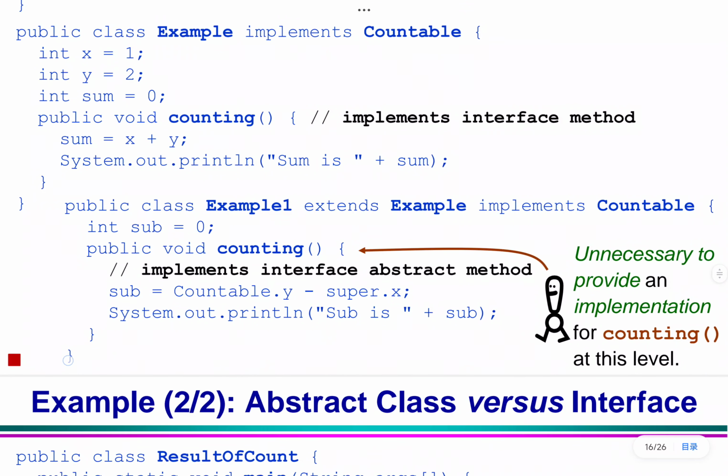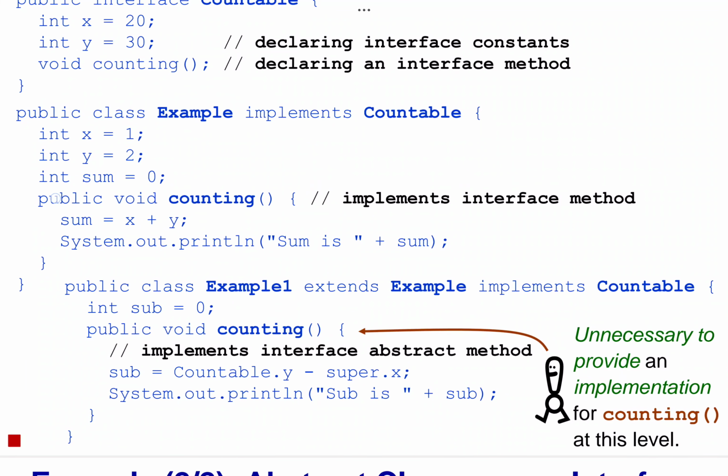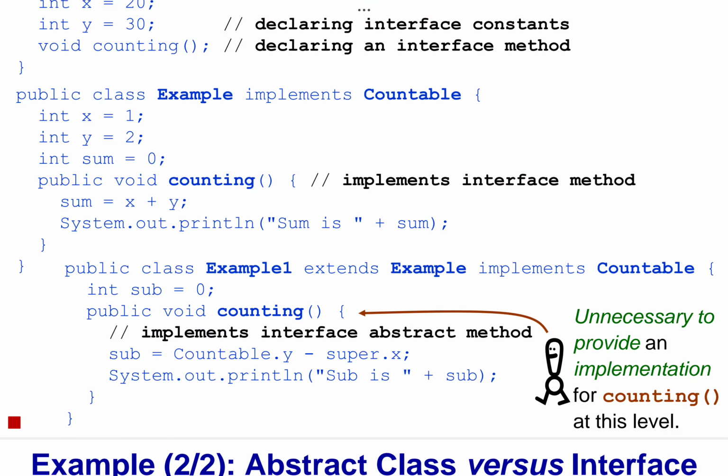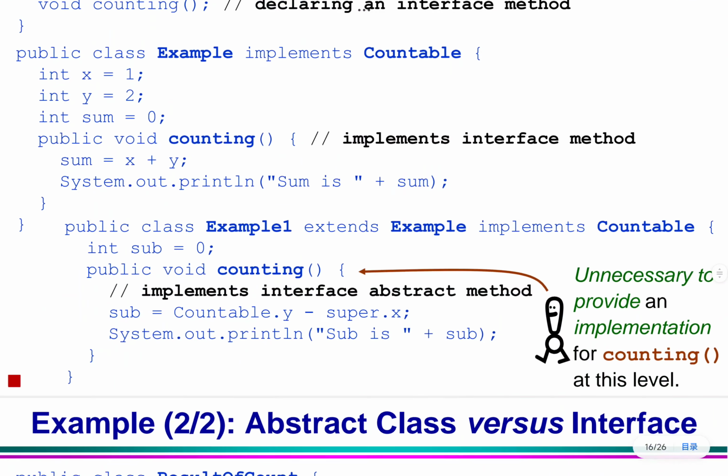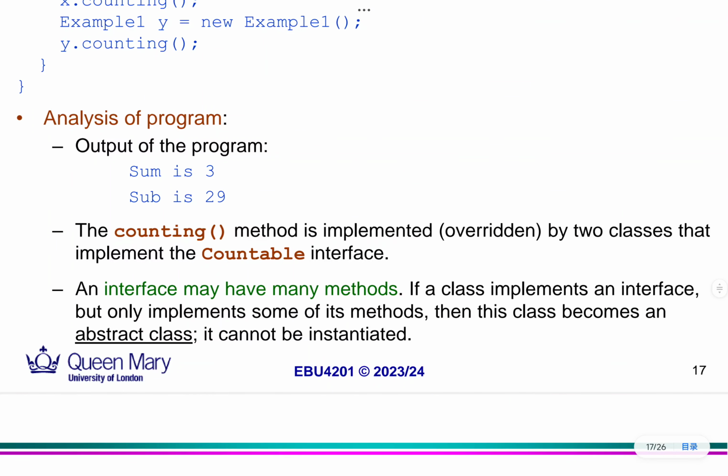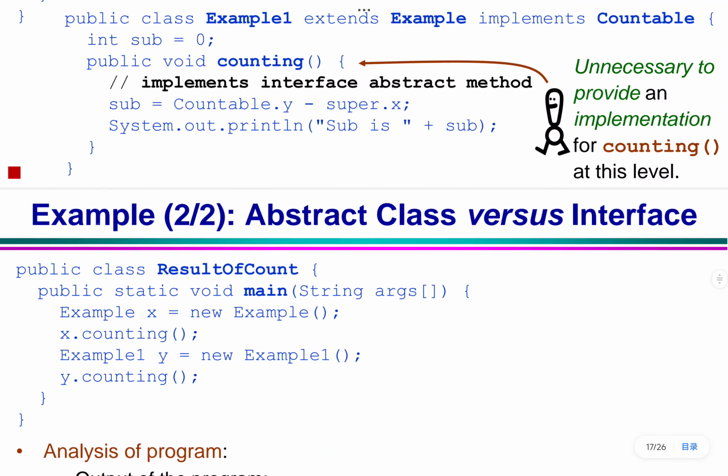Counting means that Countable.y minus super.x. Please note it. Let's have a try.